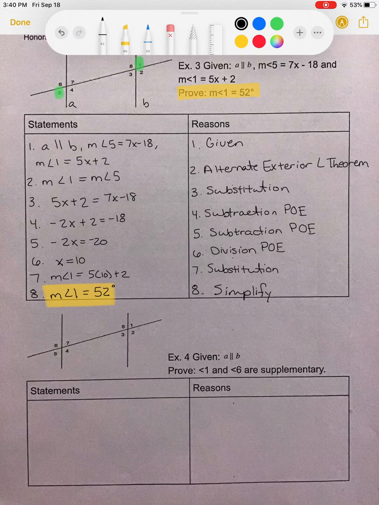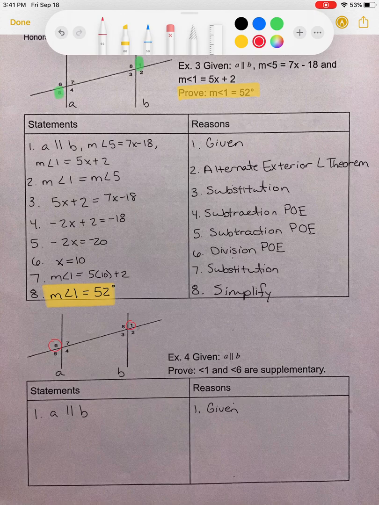Alright, let's look at this one. This one is just words. There is no algebra to do to it, so there's nothing past substitution here. We have our given. Again, I'm going to call this line A and this line B. So A is parallel to B. We want to prove a relationship between 1 and 6.